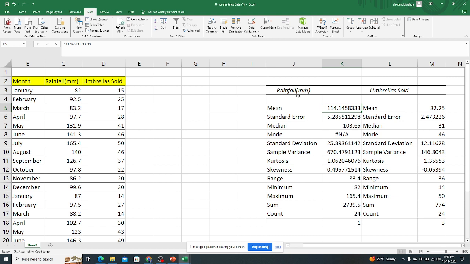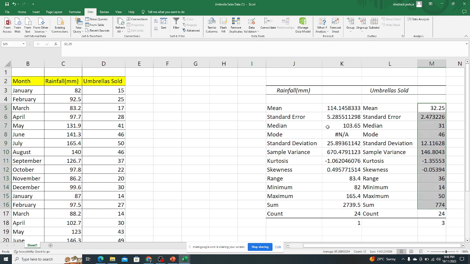We have the median of the rainfall amount, the standard deviation, and the sample variance for rainfall. We have skewness, range, minimum value, maximum value, the sum, and the count. When we come to umbrella sales, the same thing.